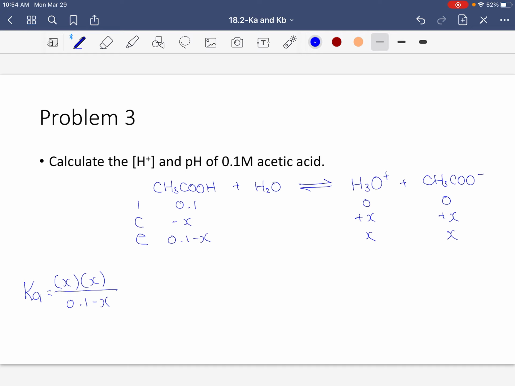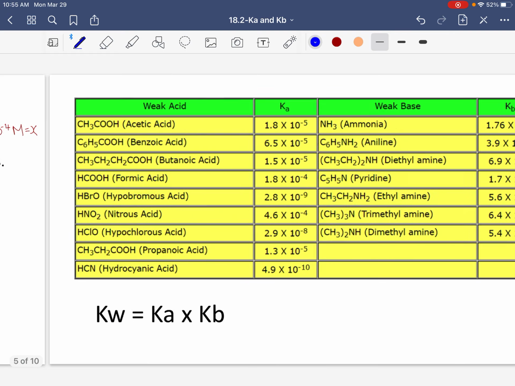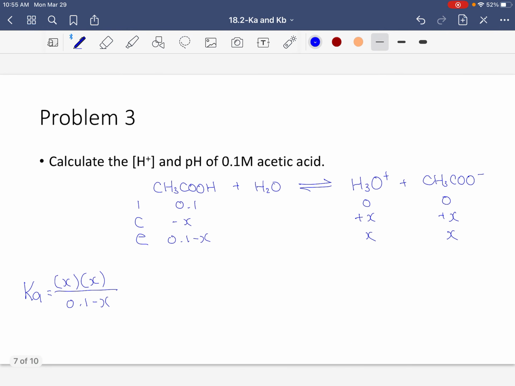Well, I guess if I didn't say, we would assume that this reaction is under standard condition. So if you can go back to this, there's your Ka. Feel free to use it. So that's 1.8 times 10 to the power of negative 5. That's equal to x squared over 0.1 minus x.